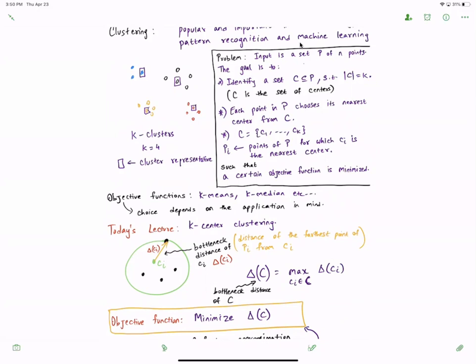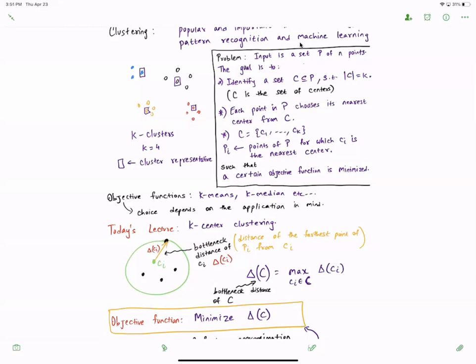Okay, and now we have to define what's called the bottleneck distance of the entire clustering, for all the clusters. That's denoted by delta of C, and that's simply the max over all the clusters of the bottleneck distance. That's how I've defined delta of C. So essentially delta of C tells you which is the point which is complaining the most.